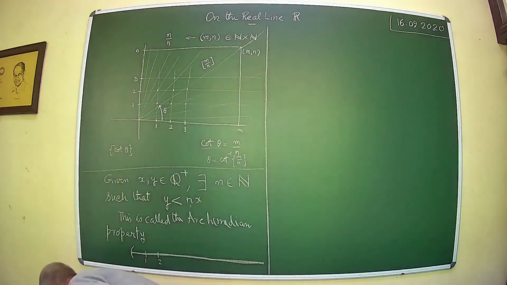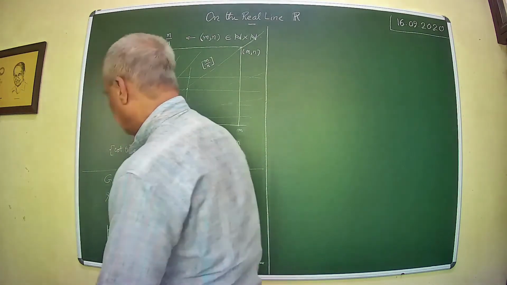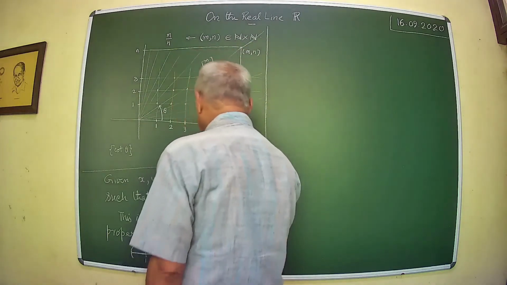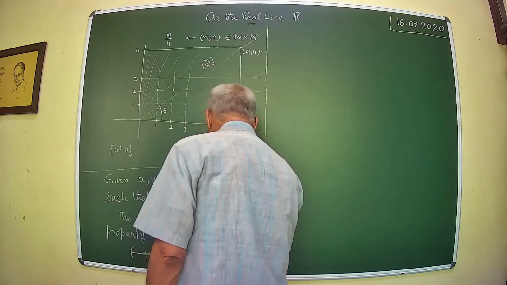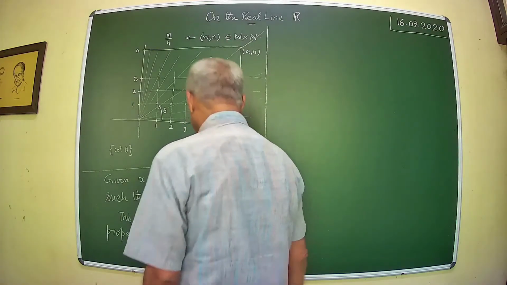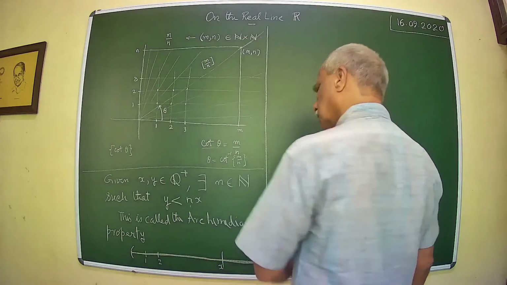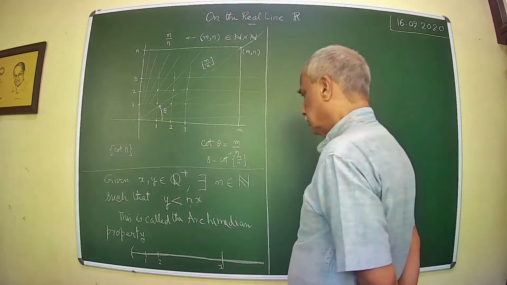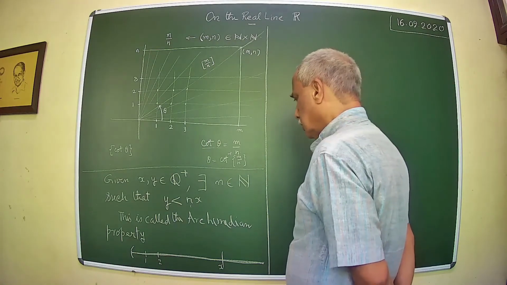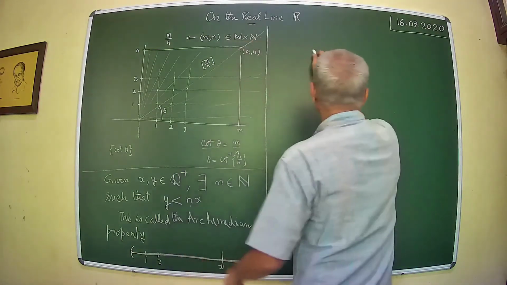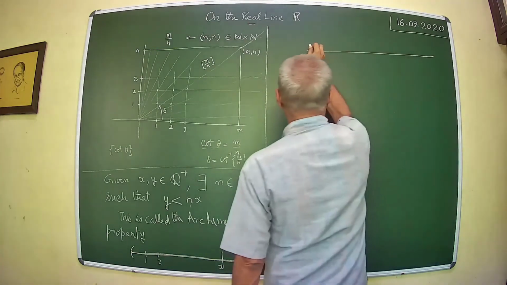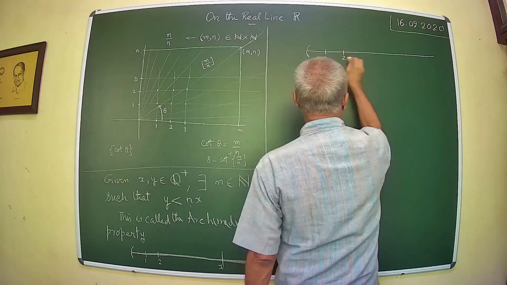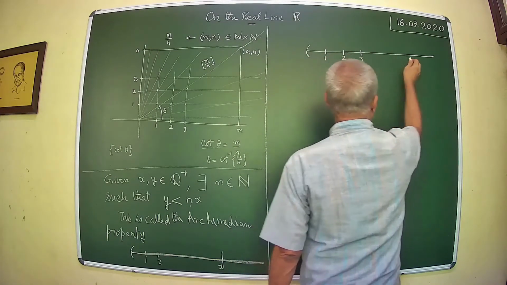Now you see that the elements of Q plus, x belonging to Q plus, x is some point here. Anywhere, it could be anywhere. So let me try it again. 1, 2, n.